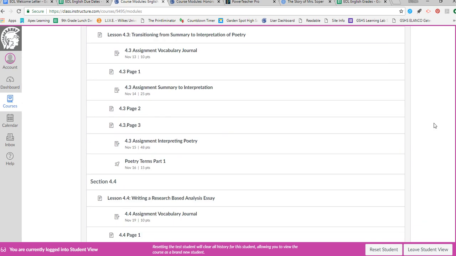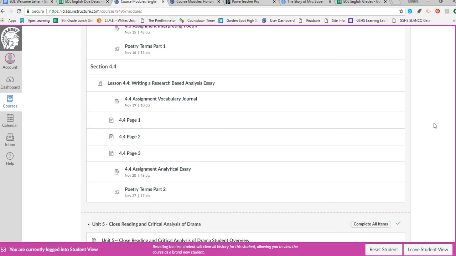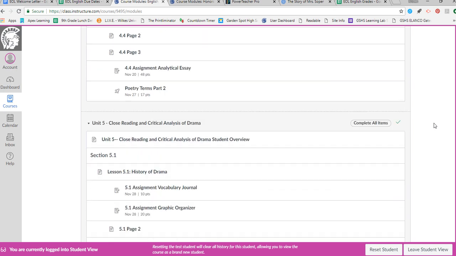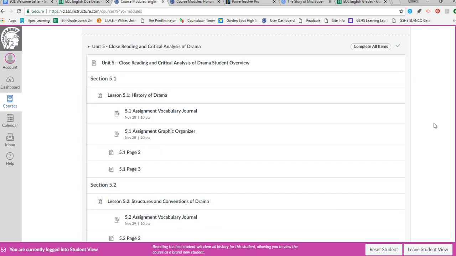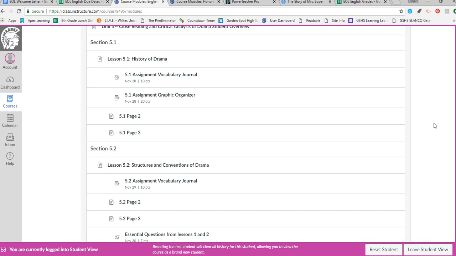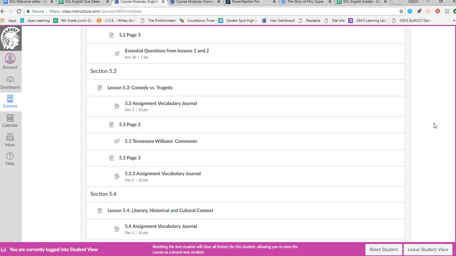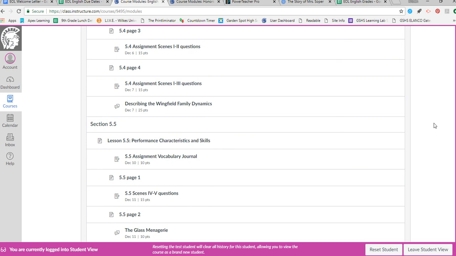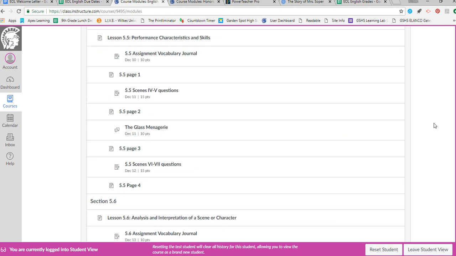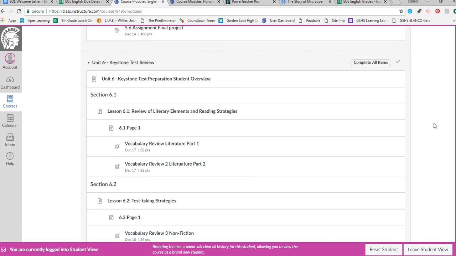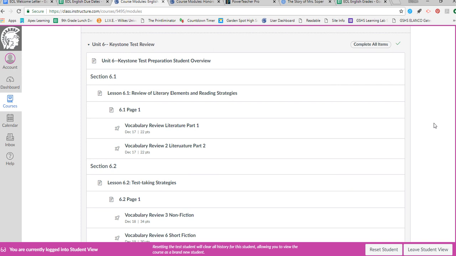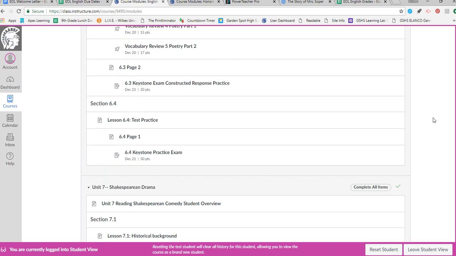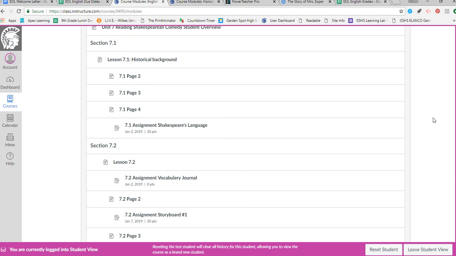Honors, you might not be in the same order, but you do these same units. Write an analytical essay. Unit 5, you read The Glass Menagerie, which is a play. It deals a lot with memory and perception. Then you will get ready for the Keystone exam, some how to take the test and review.